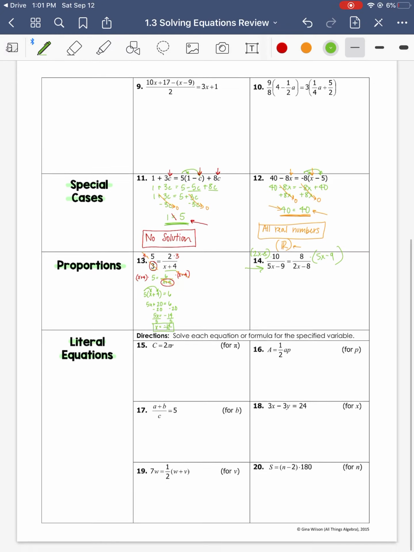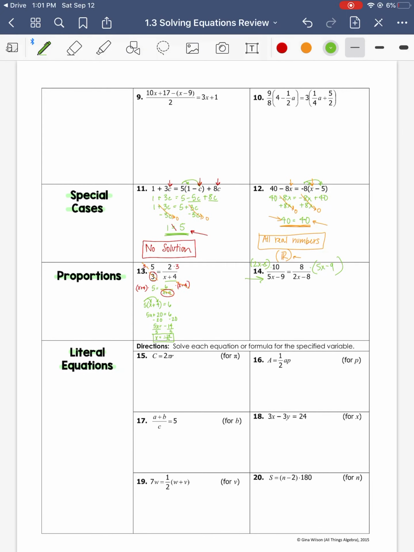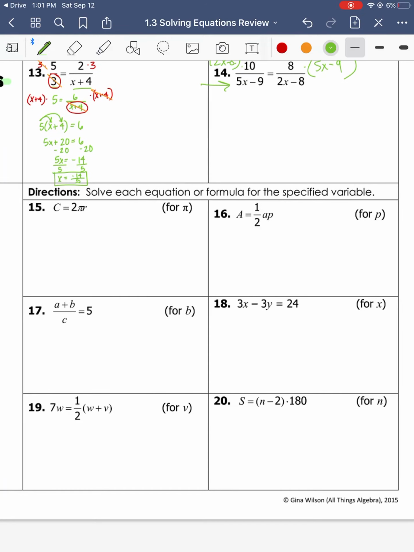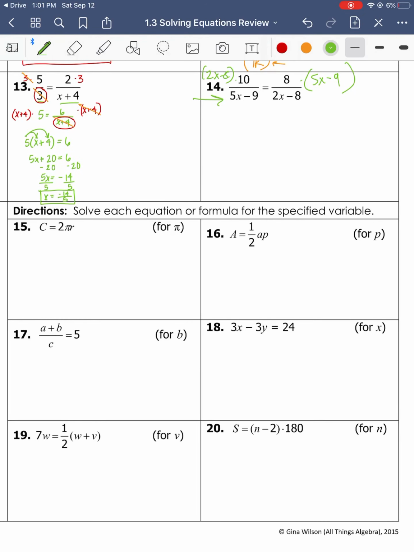All right, and then the last section here is literal equations, okay? So literal equations, these are actual equations that we use for different things. Like you can see here at number 15, we have the equation for circumference. C is equal to 2 pi r.